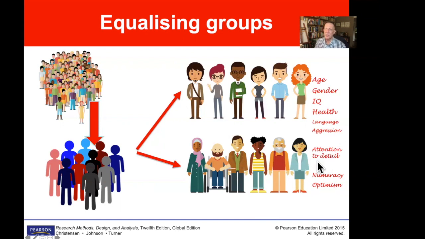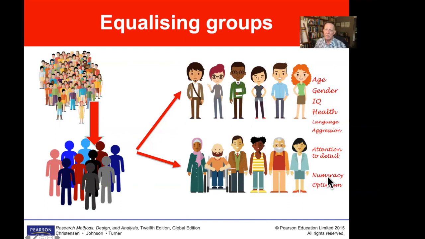So for instance, we do an experiment where attention to detail is required. If we have a lot of sloppy people in the one group, but in the other group, for whatever reason, more attention-to-detail people, it will influence them. So we need an equal mix of characteristics.